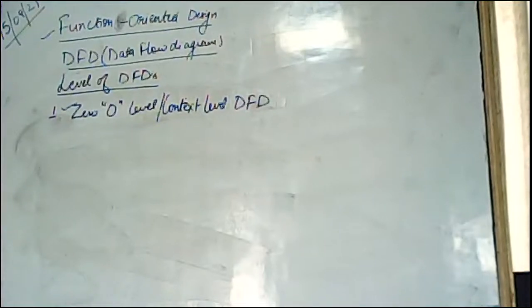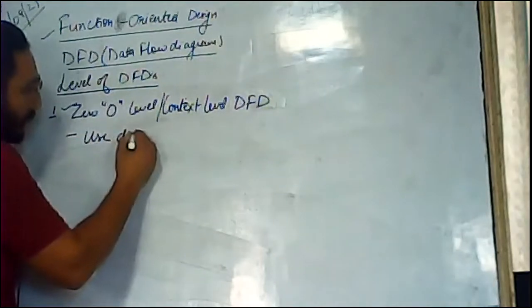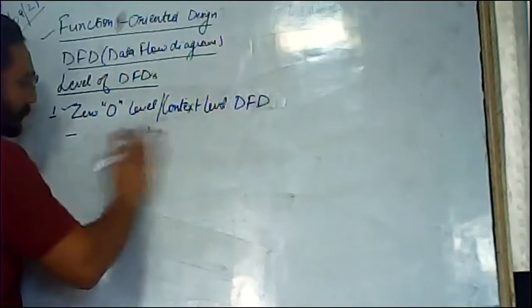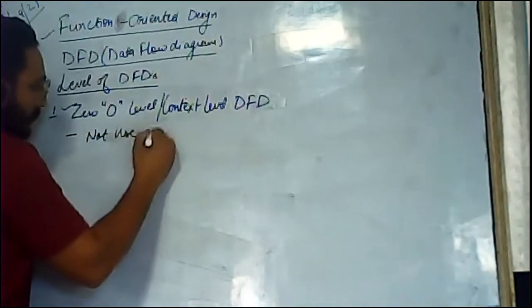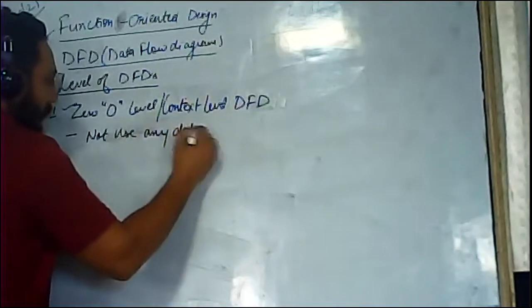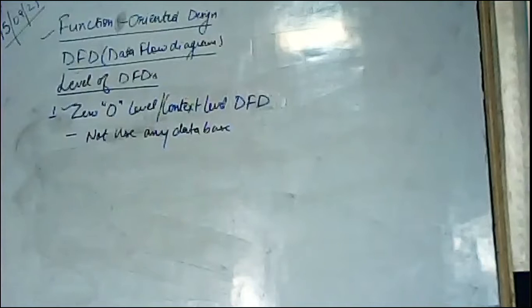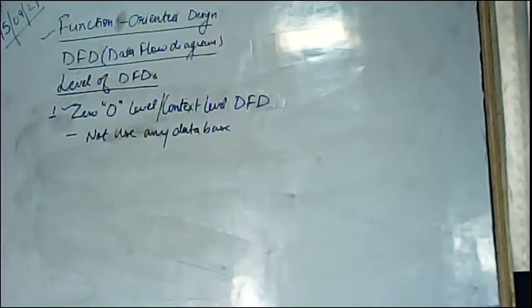That is why it is called zero. In this, we will not use any database. There is no database concept in your zero level, because in this we will give brief information of our project.